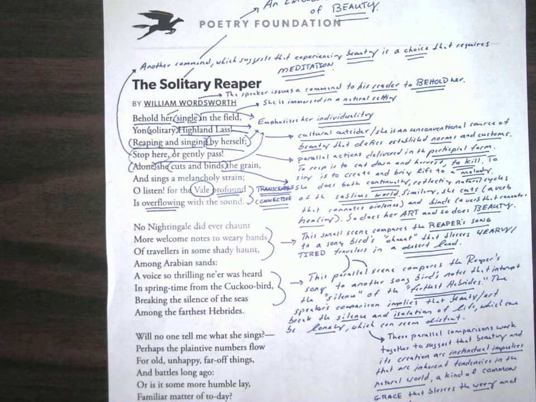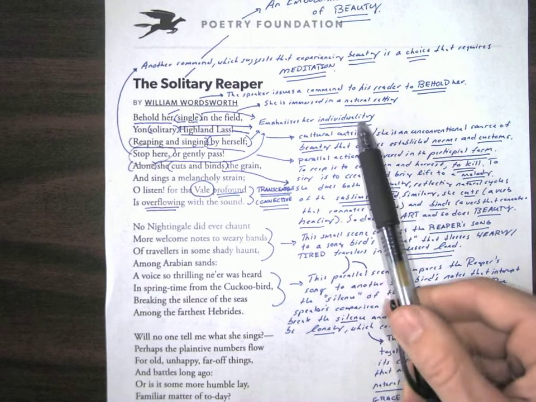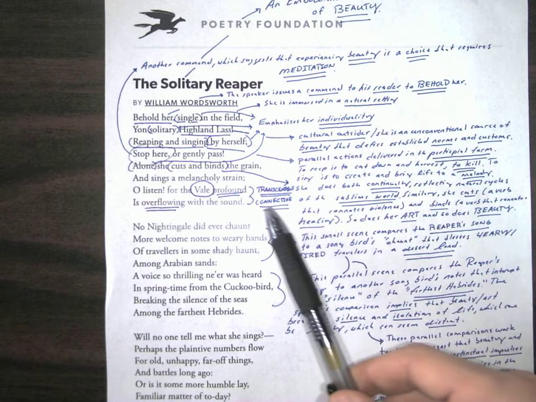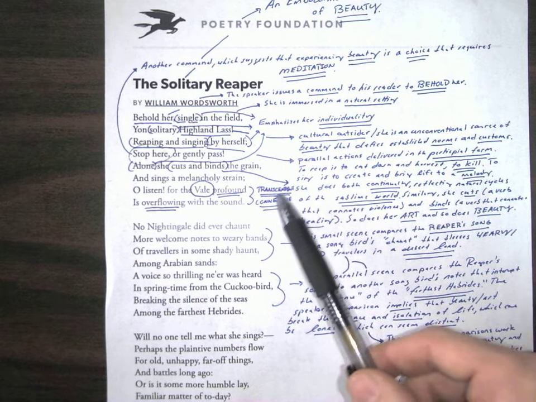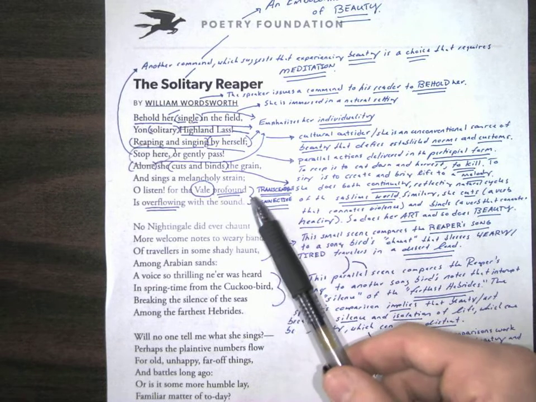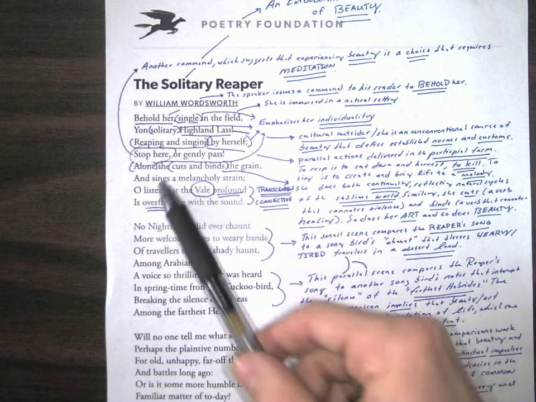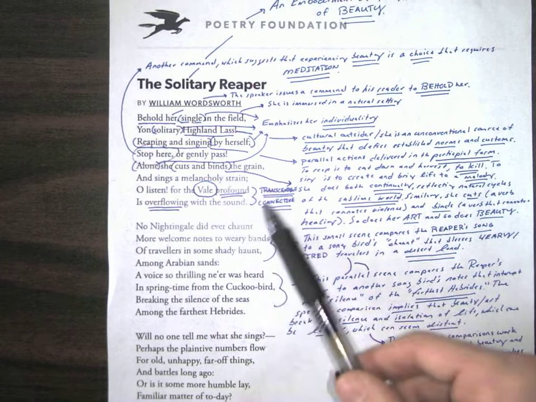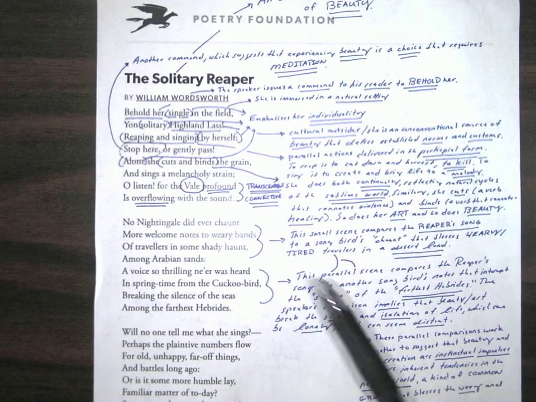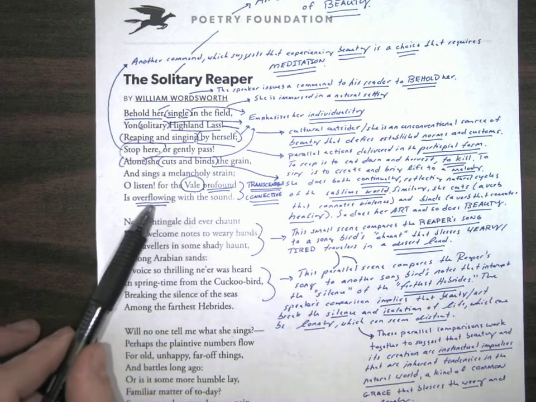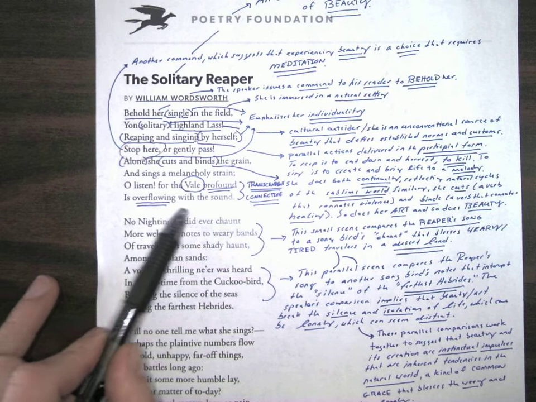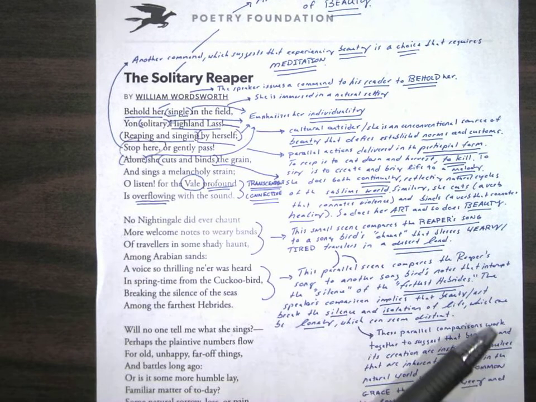So even as the Solitary Reaper is individual, specific, her song is also connective and relational, filling up the world, filling up the veil, filling up the valleys with overflowing, extra abundant goodness and beauty.